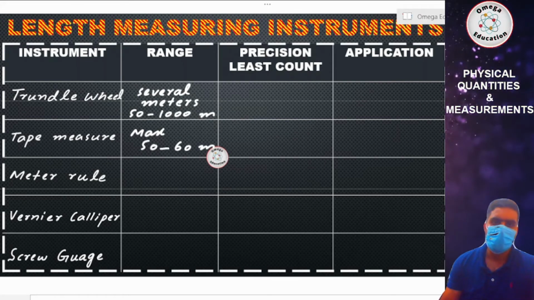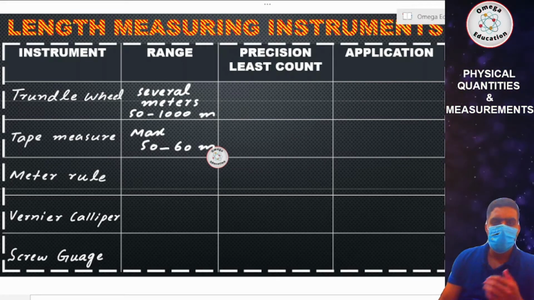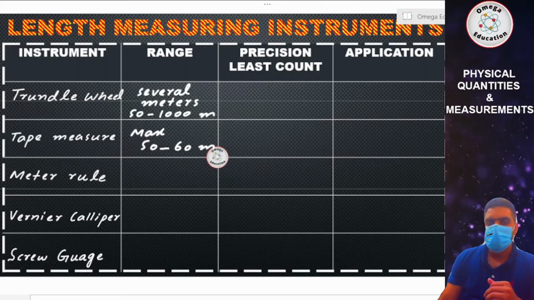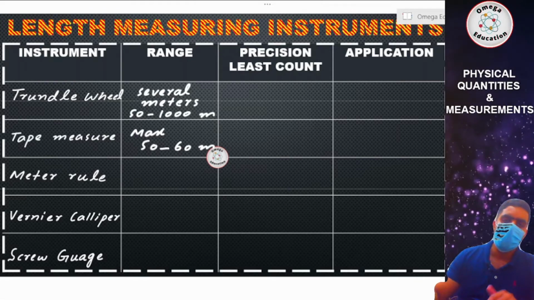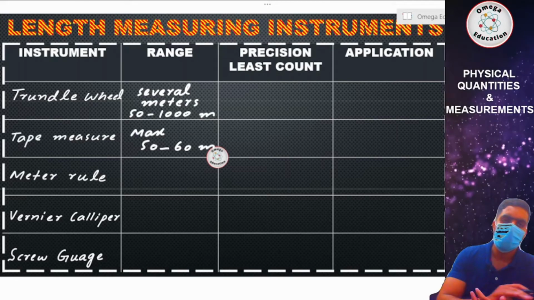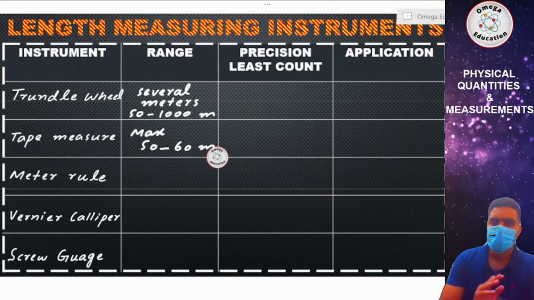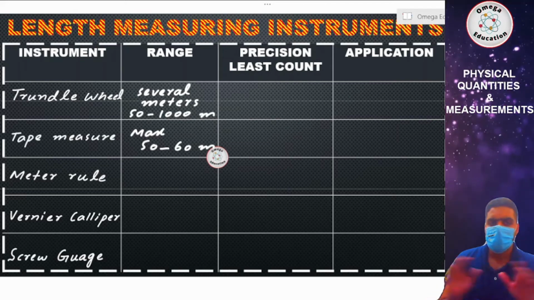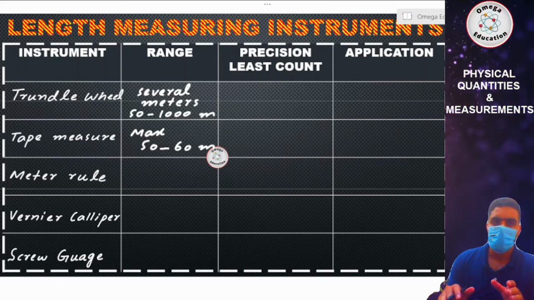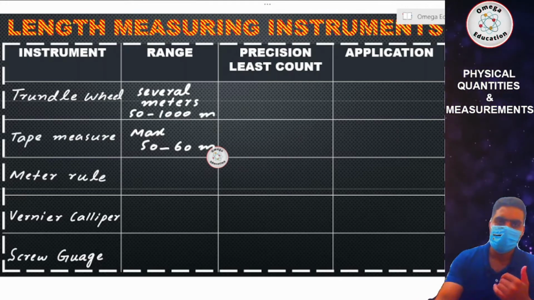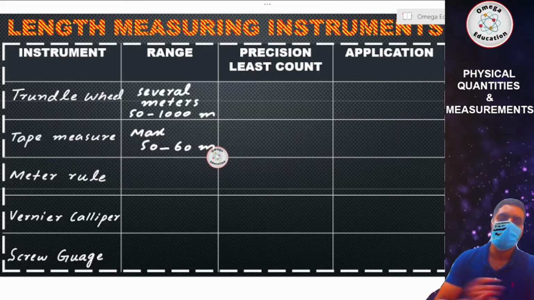If we have to measure a length that is maximum 50 to 60 meters, we would prefer a tape measure. So 10 meters needs to be measured, 20 meters, 30, 40, 50, 60, we can easily go with the tape measure, but if the distance exceeds that, then we prefer the trundle wheel.